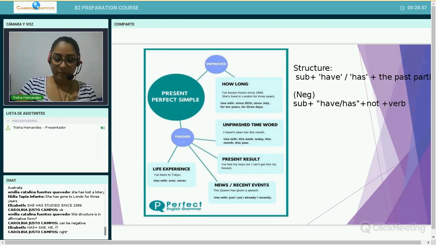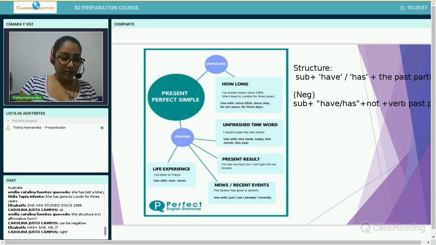Verb in past participle. Okay. And now, has he, she. Very good. Now, negative form. We have the negative form.